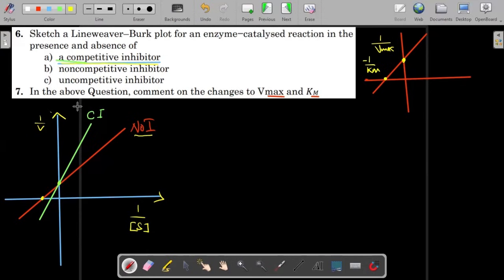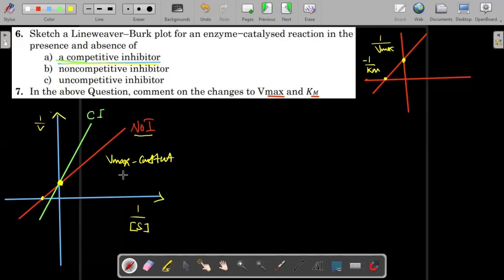Remember we said the y-intercept represents 1 over Vmax. So if this hasn't changed, it means the Vmax has remained constant. So we're going to say Vmax remains constant.